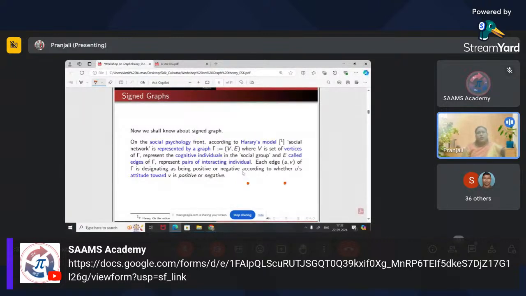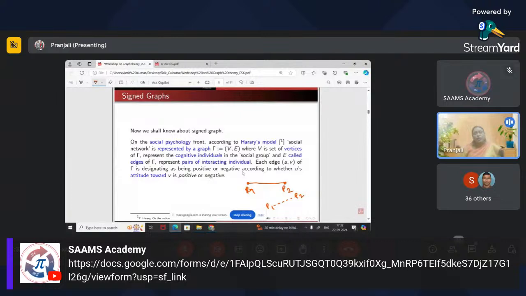According to Harary's model in social network analysis, these dots are the individuals, person 1 and person 2. If they like each other, then this model says the positive adjacency is there, and if they dislike each other, then the negative adjacency is there.